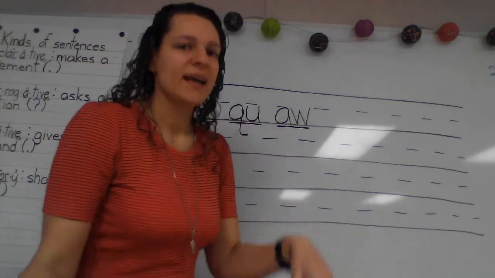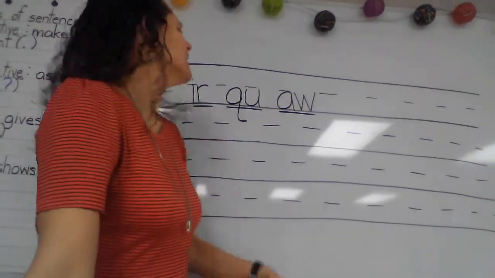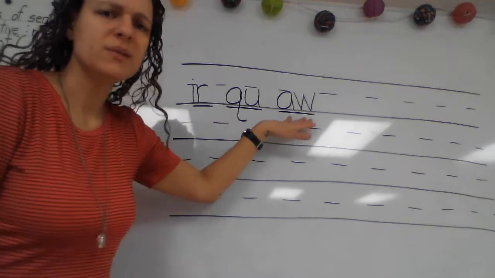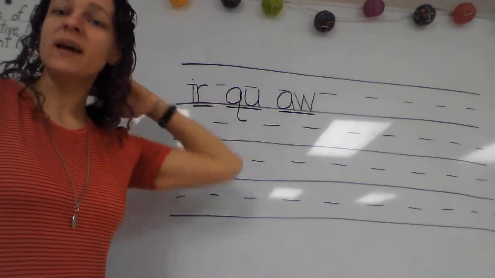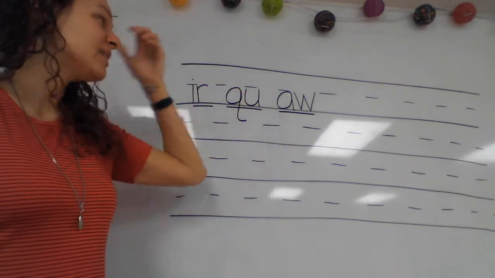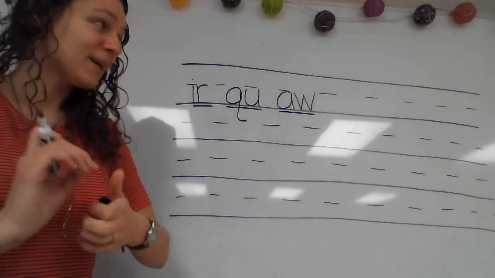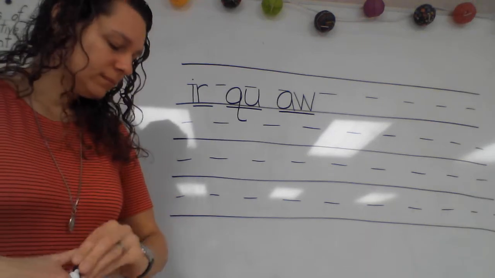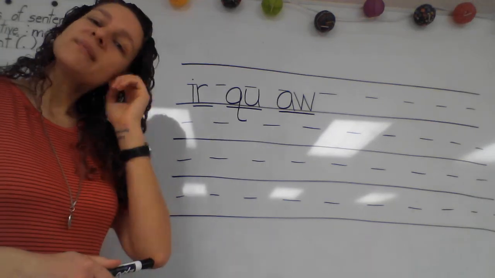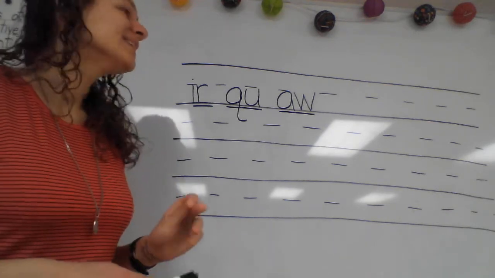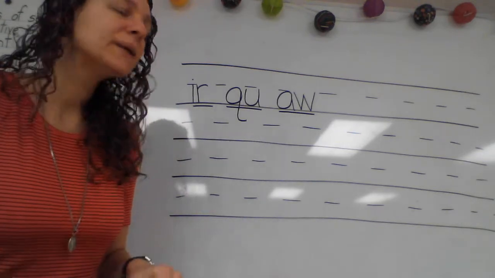All right. I know in the past years, this one's given my students trouble. We had trouble remembering that. So to help us, let's go ahead and do aw that we do not use at the end of English words. Say it while you write it. Good, aw that we do not use at the end of English words.